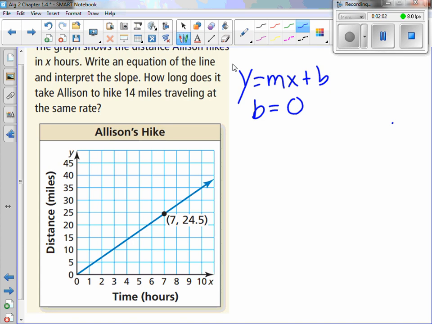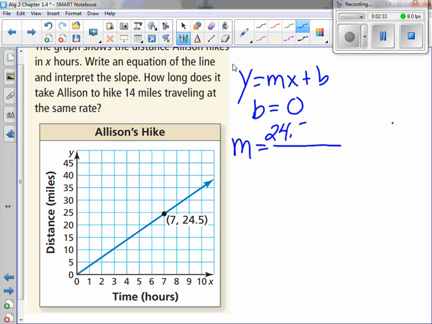Slope. So slope is rise over run, or y2 minus y1 over x2 minus x1. So which one do we want to do? Do the rise going up and over, or do we want to do y2 minus y1 over x2 minus x1? So our y values are what?